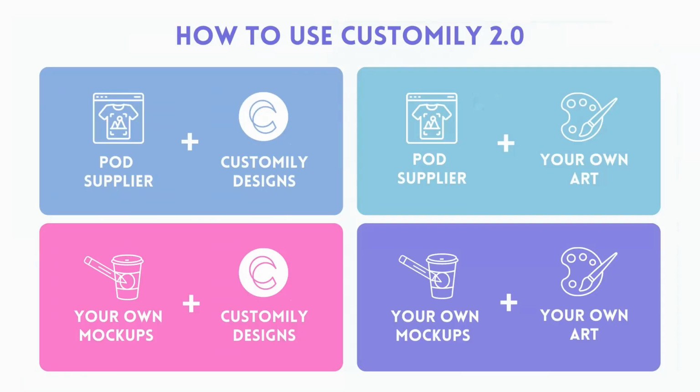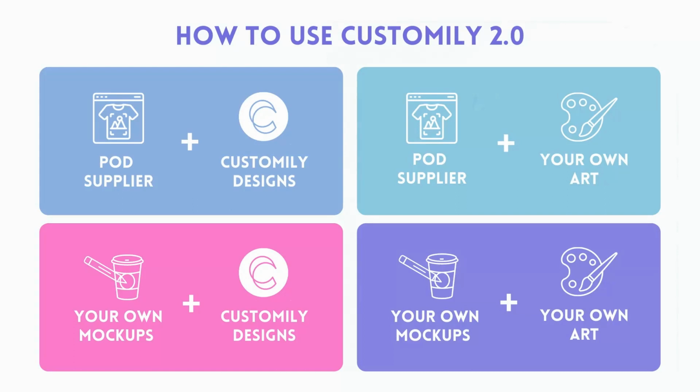But to summarize, I think we can say there are 4 different paths you can explore with Customily 2.0. You can work with a print-on-demand provider who has its own product catalog and add a Customily design from the library to that product. This is the fastest path and the one that allows you to have published products ready to sell in minutes.